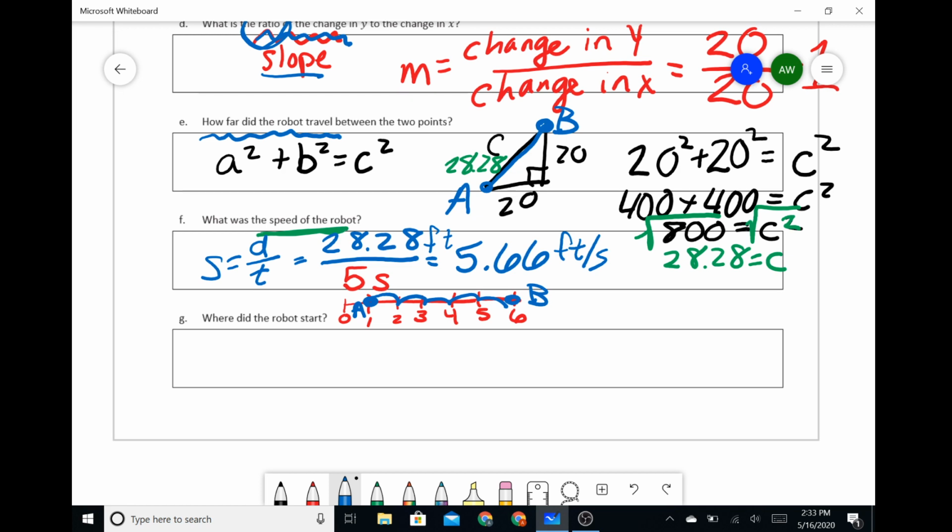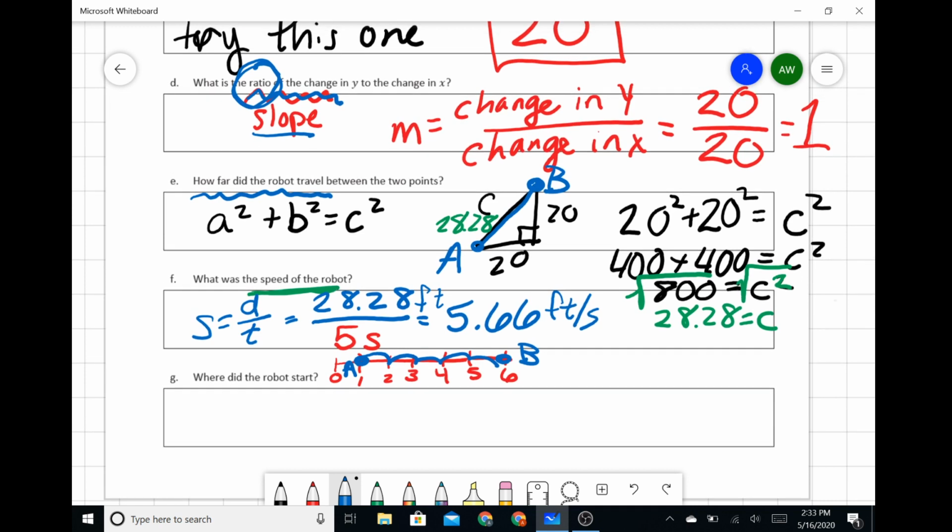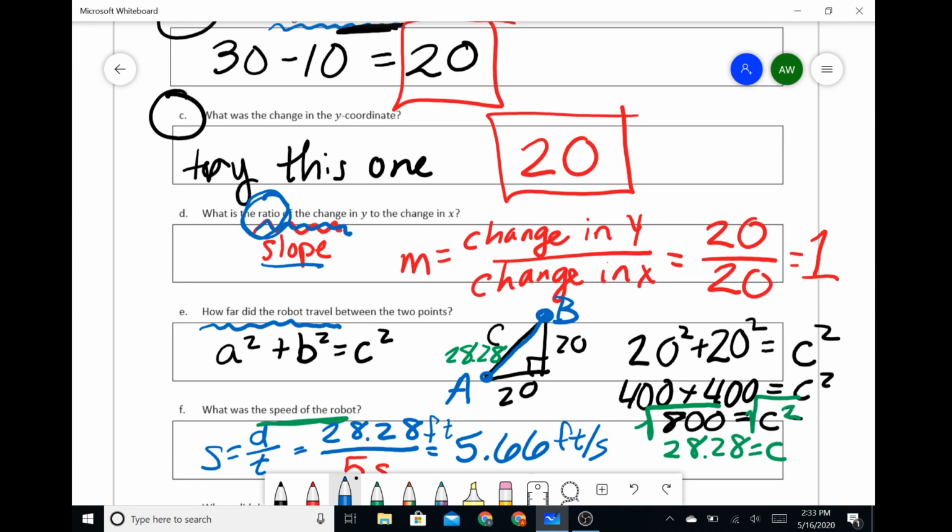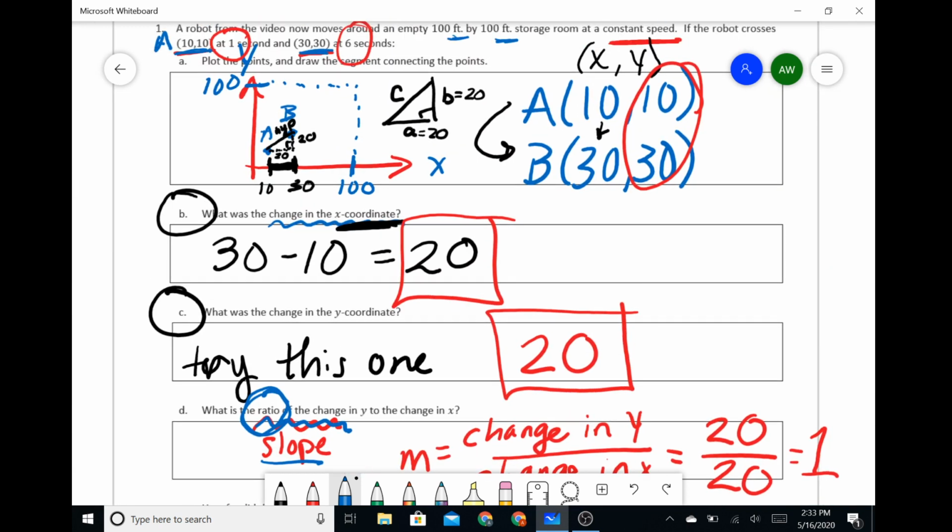So this method depends on us noticing a relationship between the x values and the y values in our points. Right? This object is traveling along a straight line. So that means that if it's at (10, 10) and it also goes to (30, 30), that means that our x and our y values are always equal to each other.